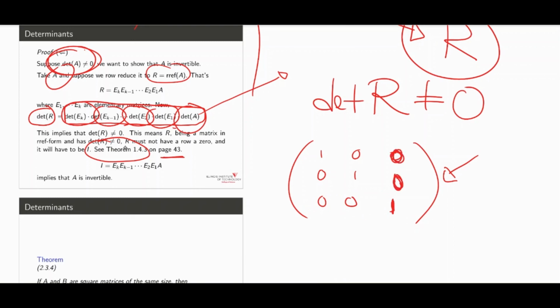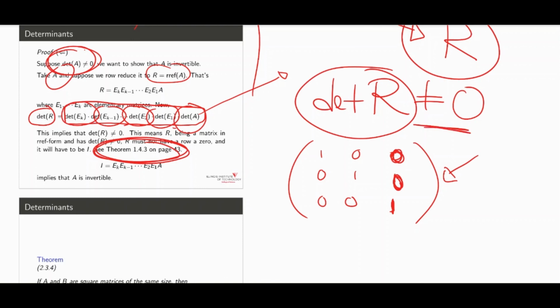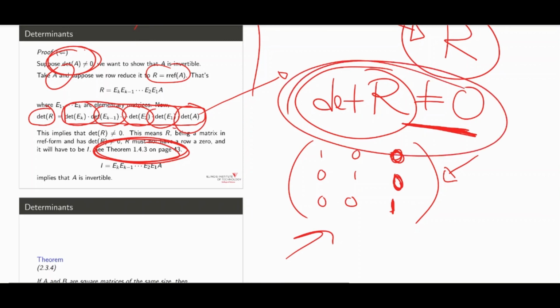So what it says, which is kind of easy to think about, is that if you have an RREF matrix with determinant not equal to 0, your RREF matrix doesn't really have a choice. It really has to be I. You can look at the proof of this theorem.